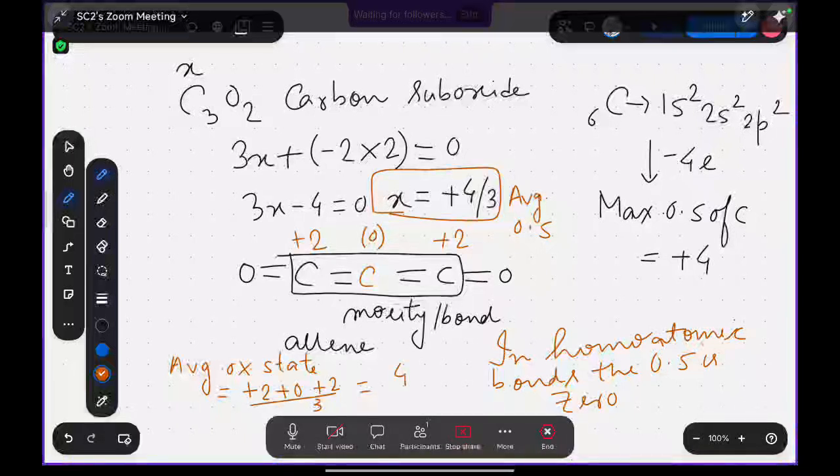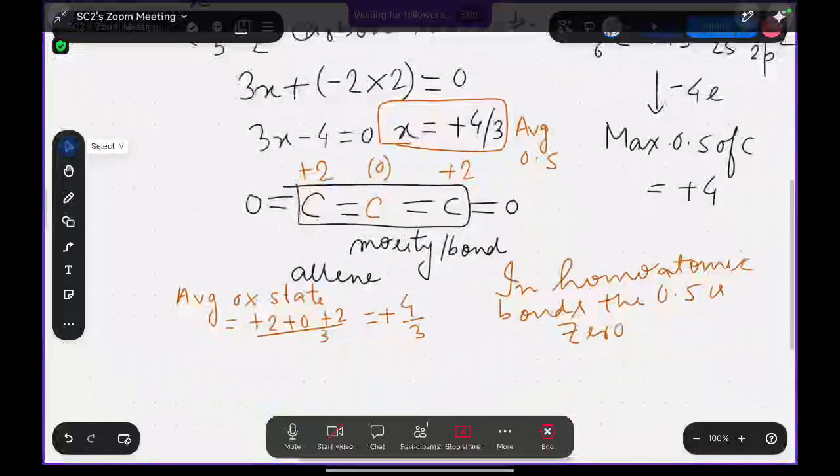So it is 4/3, +4/3. That is the average. For individual carbon atoms, the middle carbon atom shown with brown color has a 0 oxidation state, whereas the other 2 have +2 oxidation state.